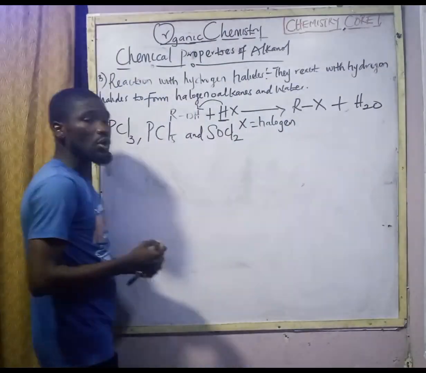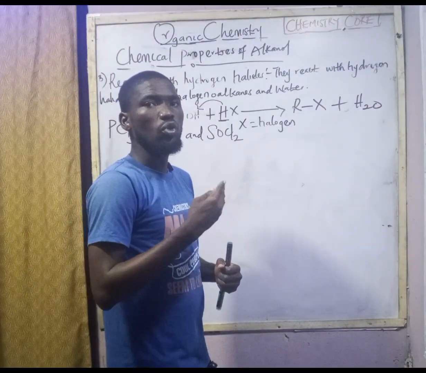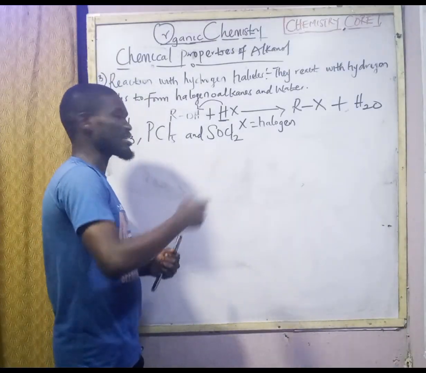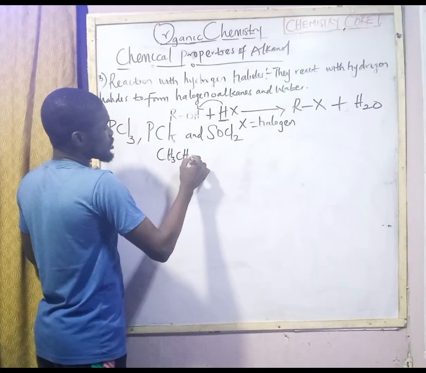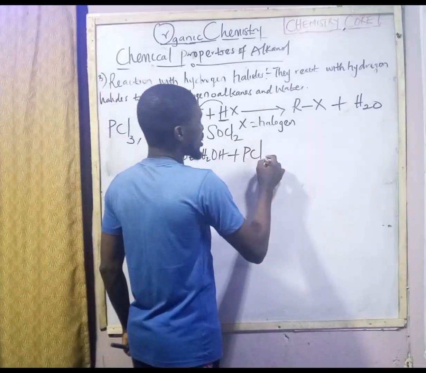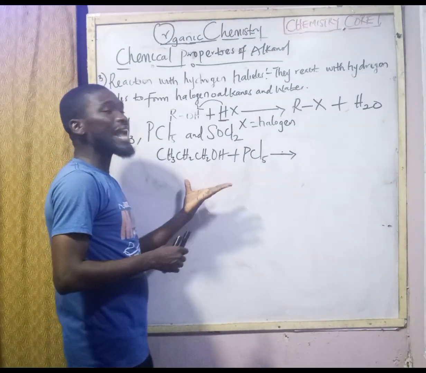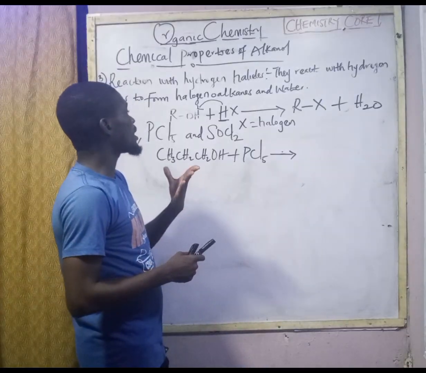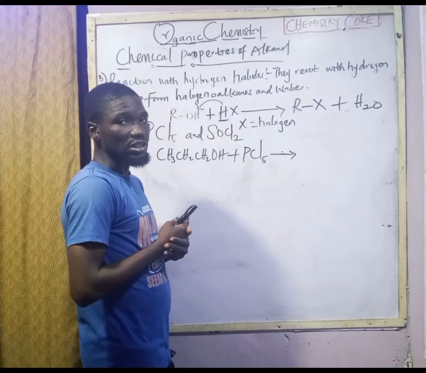If you take the third member of the alcohol, which is propanol, and pick one of these inorganic halides to act as a catalyst, I have propanol, which is CH3CH2CH2OH, plus phosphorus pentachloride. Mind you, in any mechanism or organic reaction you are trying to balance, always check the examples that will show you a clear picture of what you are going to have.